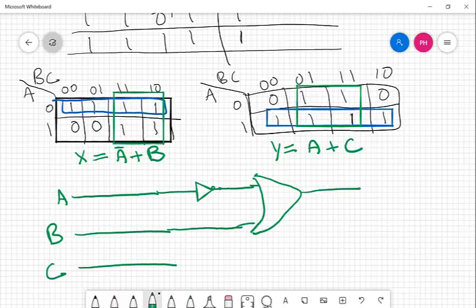This will be my x, and then I have a and c. This will be my y.